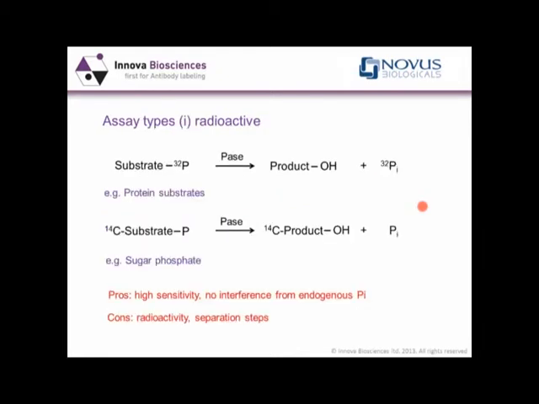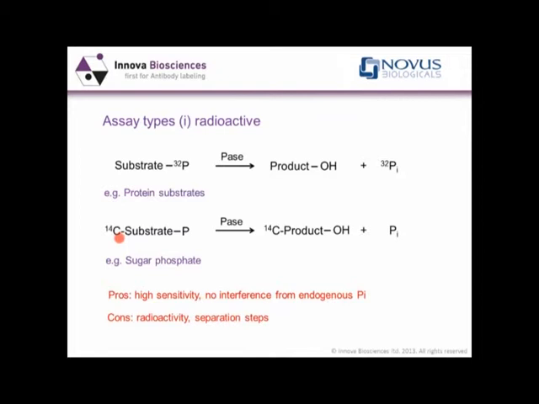Okay, the next 3 slides show some of the assay types that one could use to measure phosphate-generating enzymes. So first type here, radioactive, P32 labeled substrate, obviously producing P32 inorganic phosphate. This is quite commonly done, particularly with protein substrates. It's not a fantastic assay for high throughput screening, of course, because of the radioactivity.